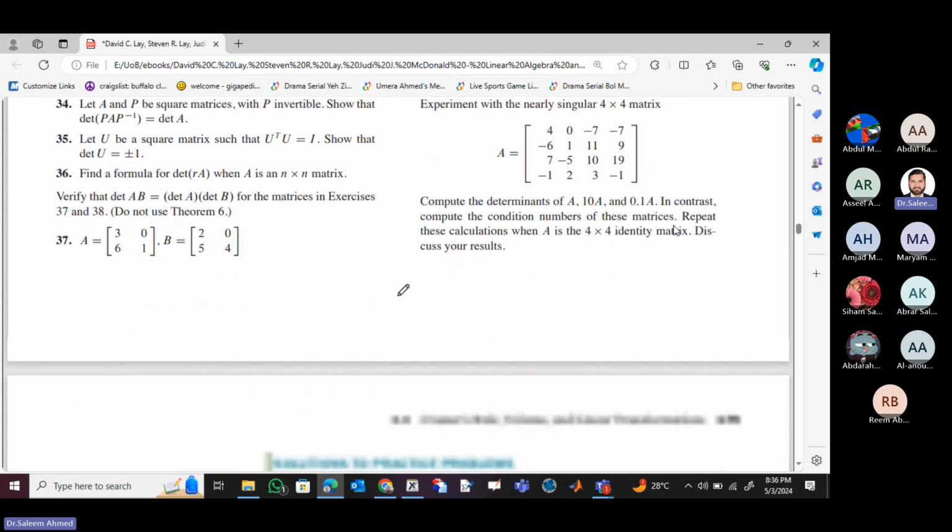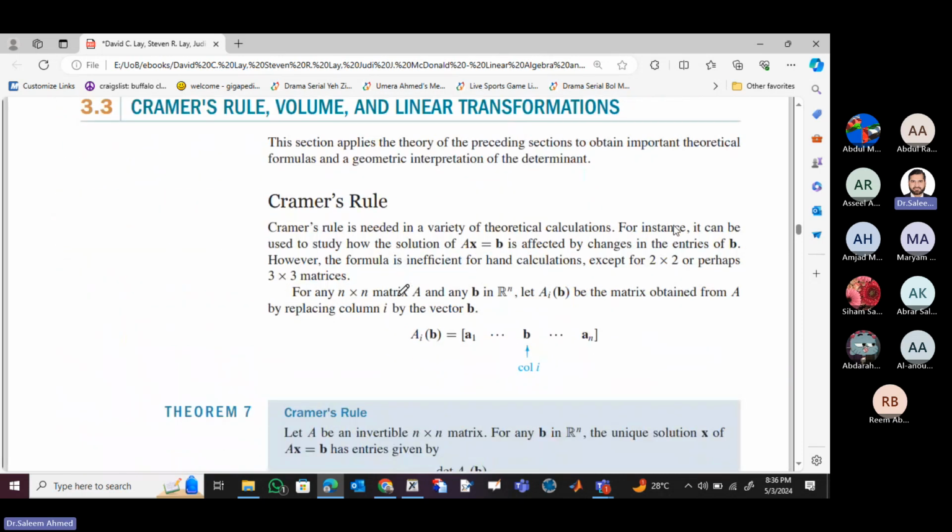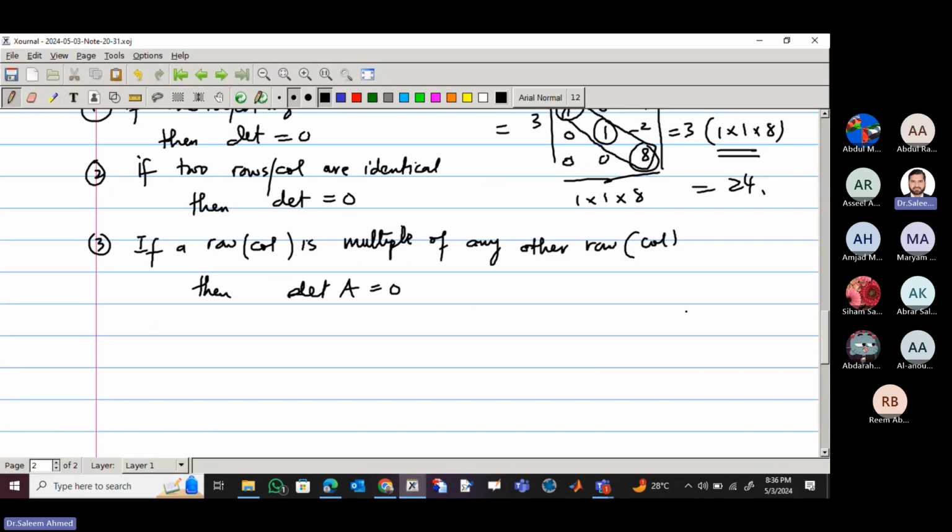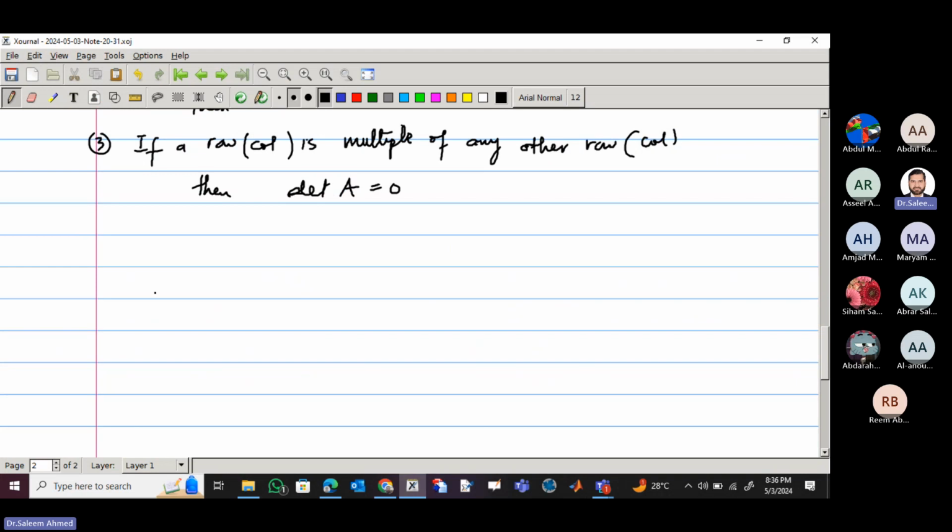Anyway, important things are in 3.3. There are two things which are important and they use determinants. That's why most importantly, I will ask you questions from here. One is finding A inverse using determinants, basically using cofactors.